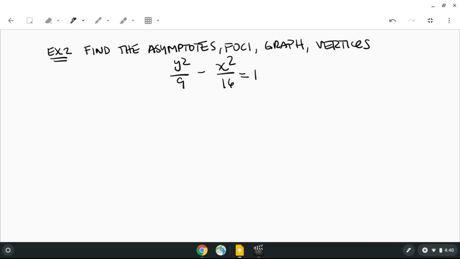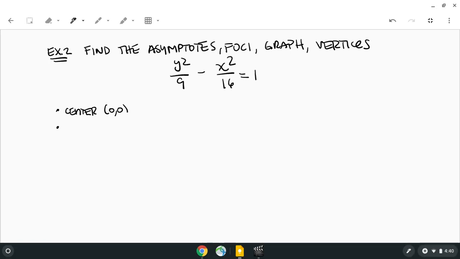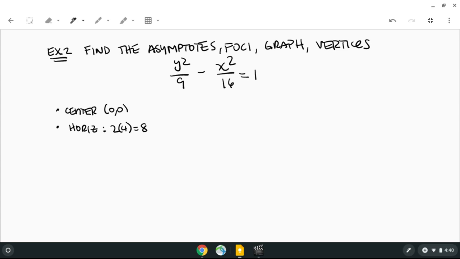Let's write down all the information that we can get from that equation. We know that the center is at 0, 0. We know that the horizontal length is square root of 16, which is 4. So 2 times 4, which is 8. We know the vertical distance, and remember the horizontal one is under the x.